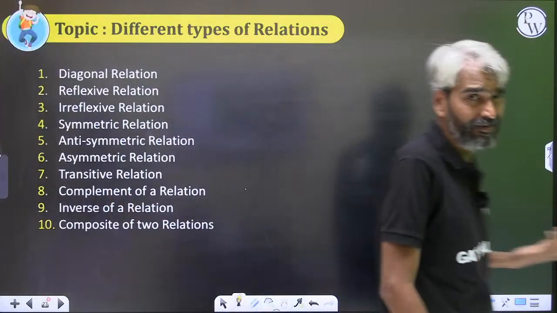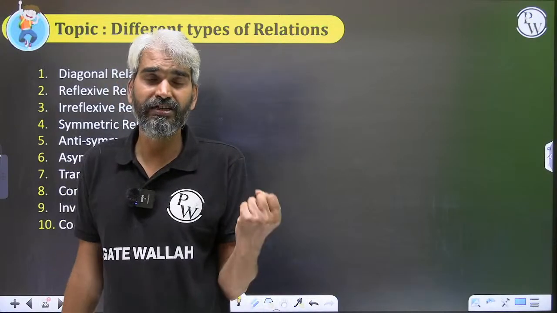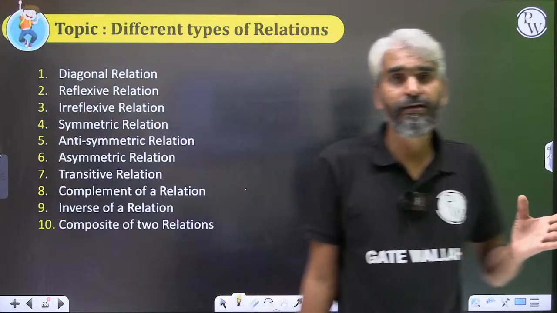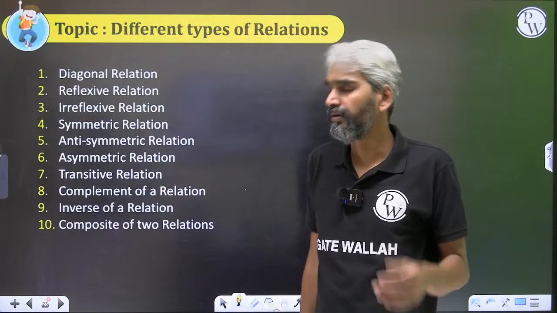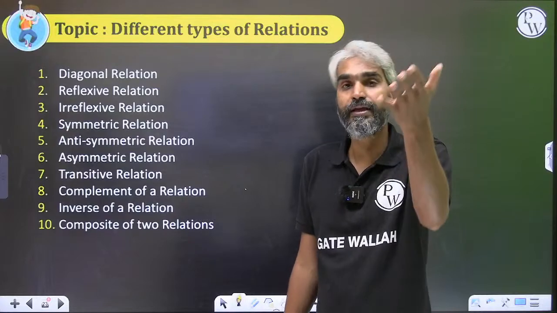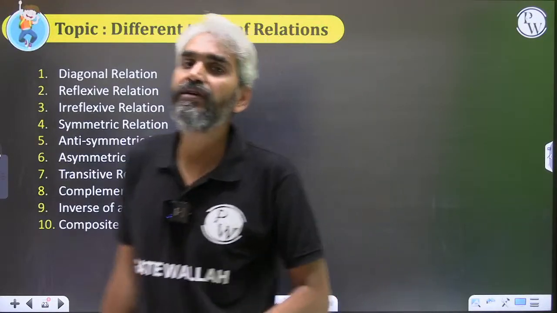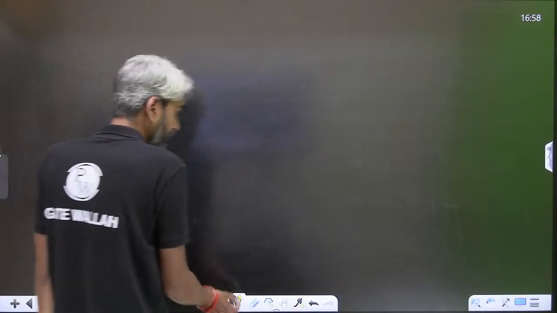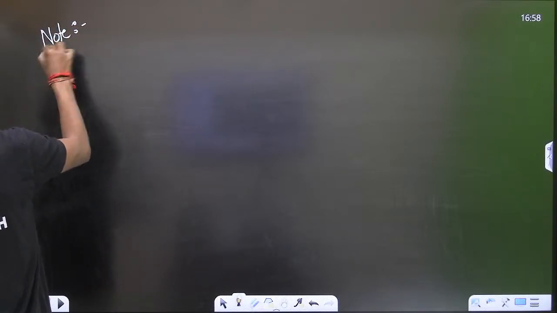So we have defined the relation, what exactly we mean by relation. A relation from A to B will be a subset of A cross B. Let's have one more note. If I try to define a relation from A to A, it may also be possible that both these sets are the same.